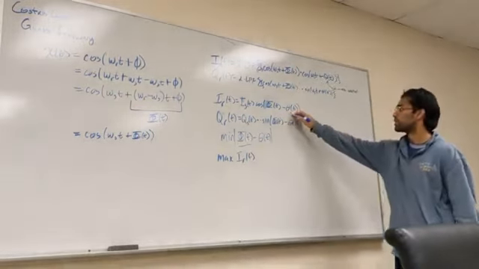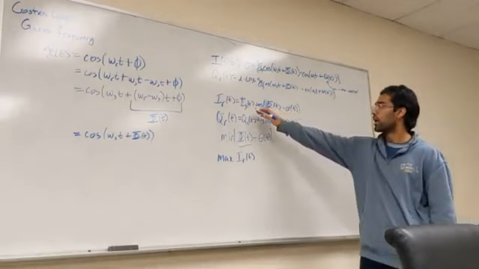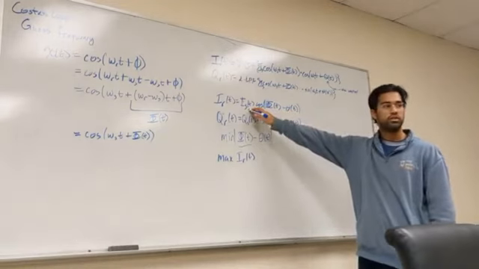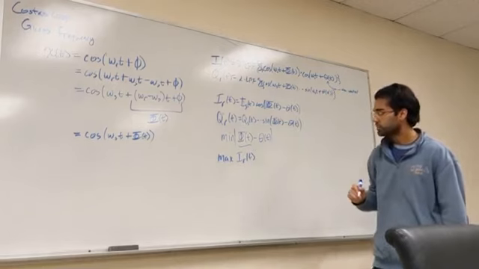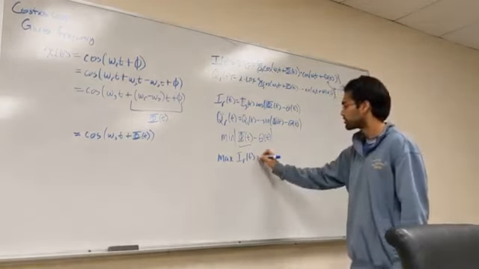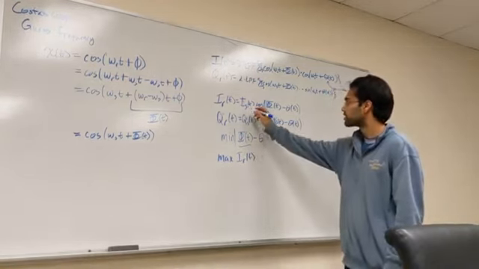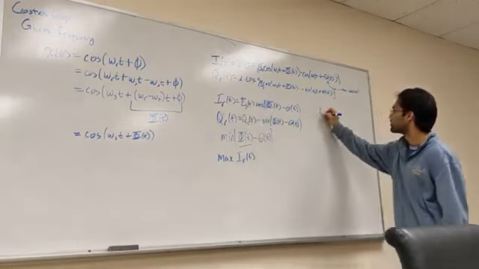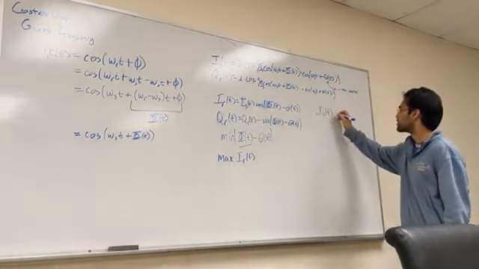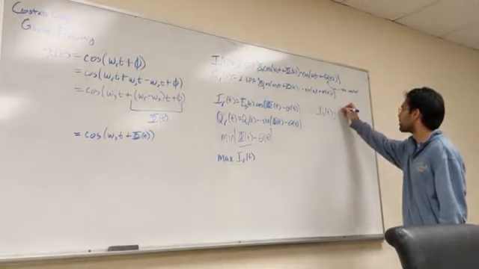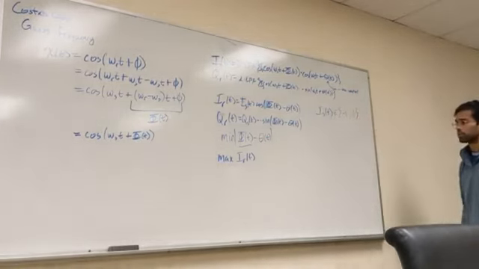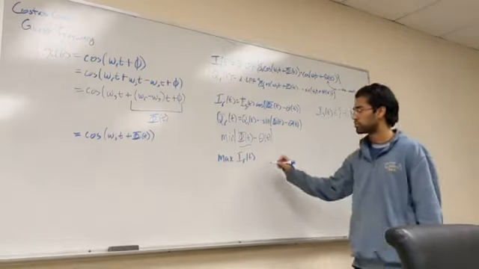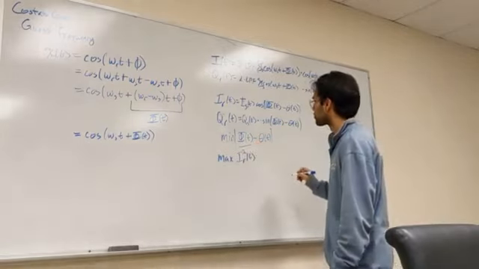Because when these two cancel, then you have your symbol recovered. Except the problem with this is that I_s of t is in the set {-1, 1}. So we're actually going to try and maximize the square of it.